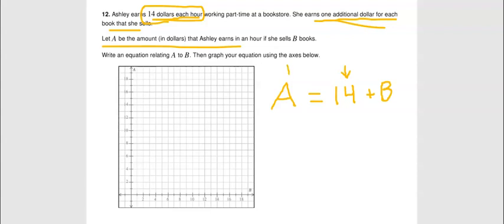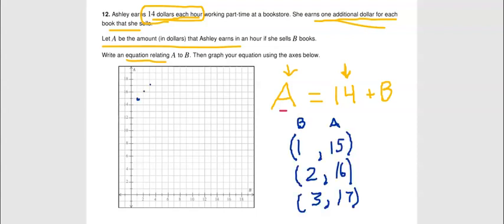So A is going to equal how much per hour plus however many books she sells. And that's basically what the equation is. So the total is A, 14 plus B equals A. Once we have the formula, we can actually plug numbers in for B and get the ordered pair.